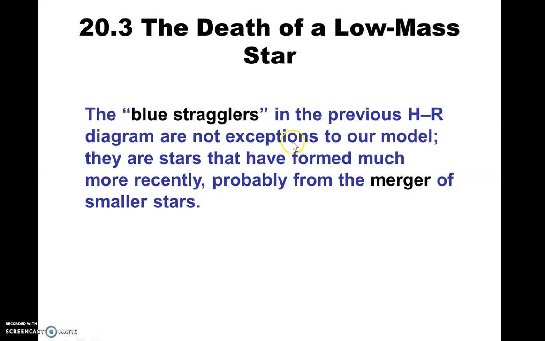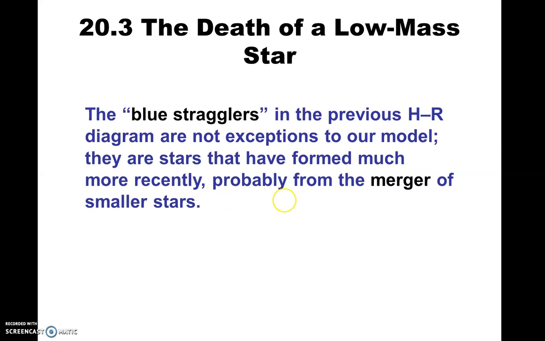Let's see, blue stragglers in the previous HR diagram are not exceptions to our model. They're stars that have formed much more recently and probably merged from smaller stars. We're gonna find that does happen a lot more than you might think. Remember, if you think about the Milky Way, and I know I've said this a number of times, at least half of the 200 billion stars in the Milky Way are binary stars.